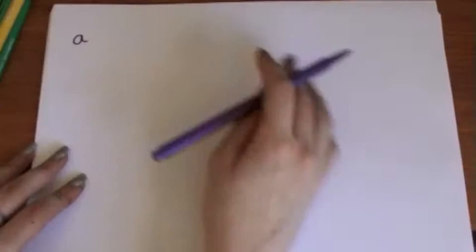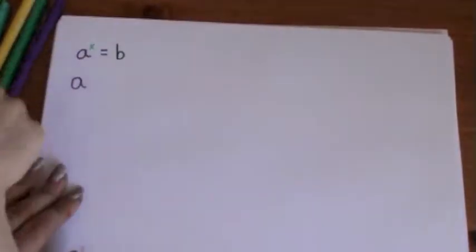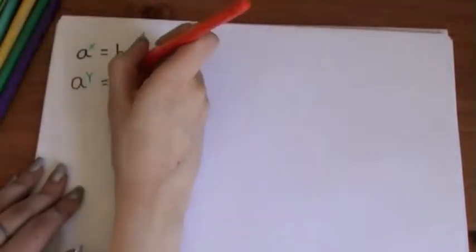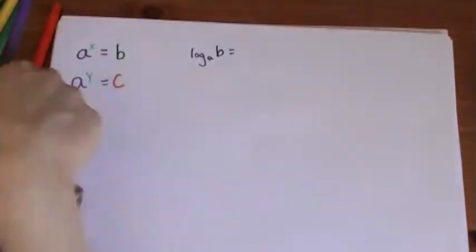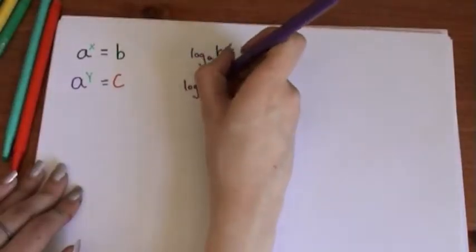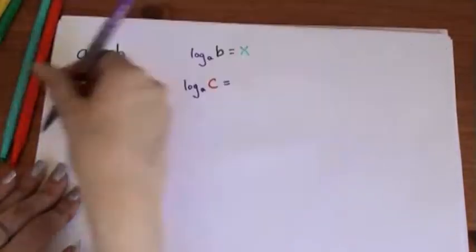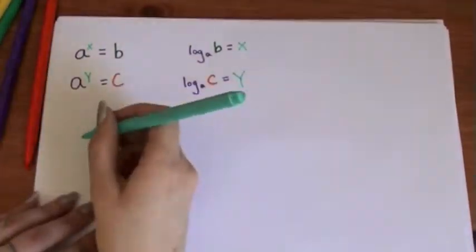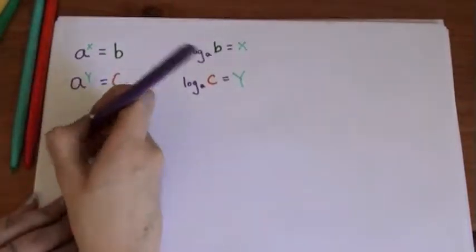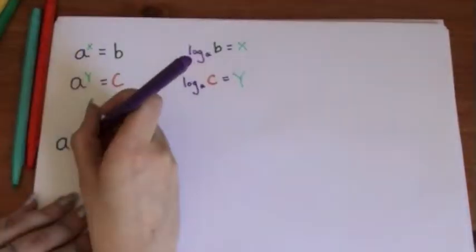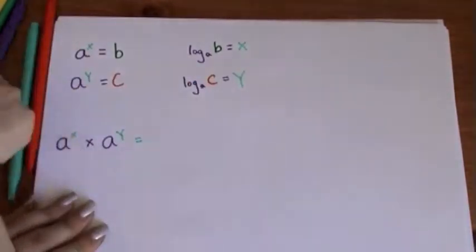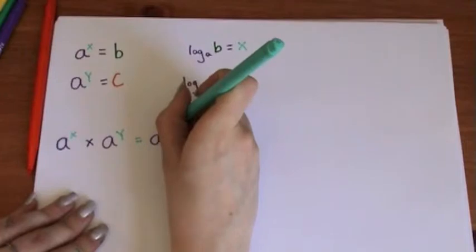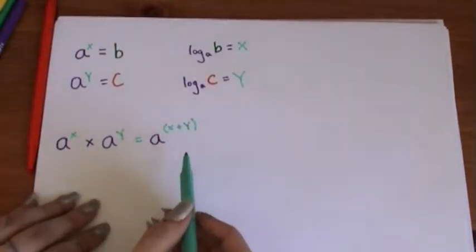Let's say that A to the X equals B and A to the Y equals C. That is the same as log A of B equal to X. This is log A of C being equal to Y. So if we do A to the X times A to the Y, that is equal to A to the X add Y. That's just a power law, an indice law.